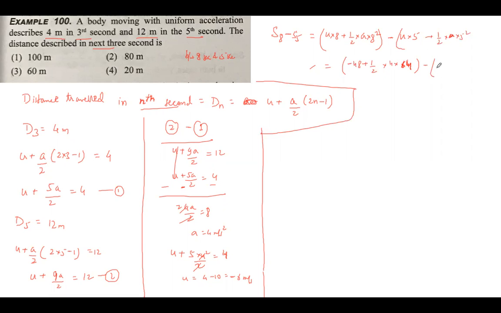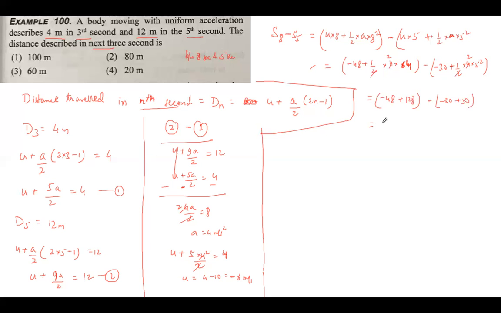So this is -30 plus of half into acceleration is 4 into 5 square. So minus 48 plus 128 minus of -30, 25 into 2 is plus 50.